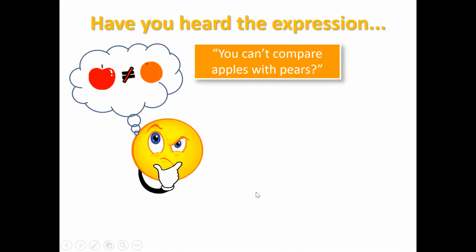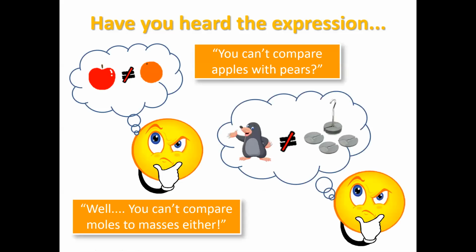If you've ever heard the expression, you can't compare apples with pears, well, similarly, you can't compare moles to masses either. So the best way to complete these sort of questions, I find, is to use a table.